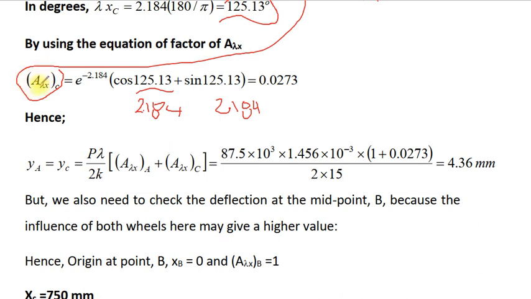After computing A lambda x, now replace A lambda x in this equation: A lambda x at C multiplied by P lambda over 2k.